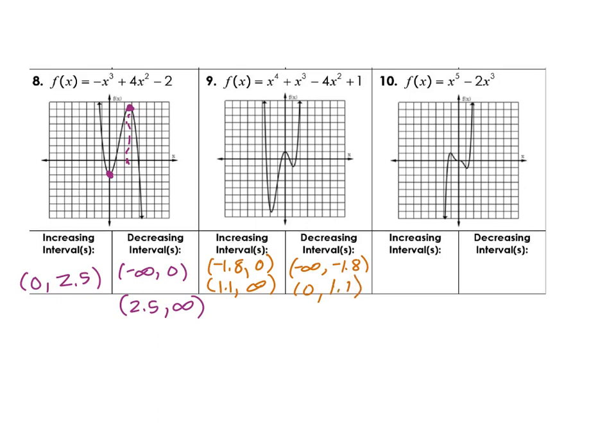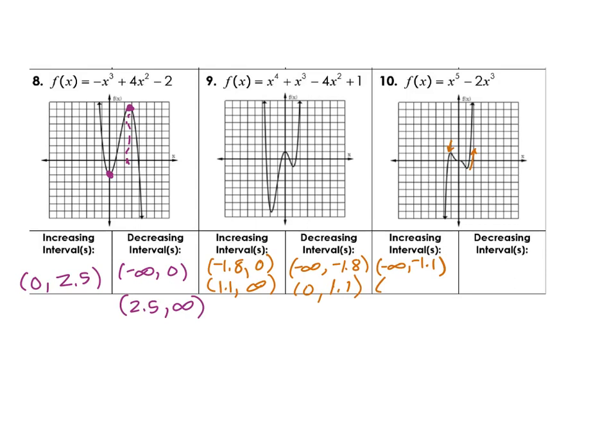Okay, and then our next problem. From negative infinity, our area of increasing is going to be from negative infinity up to maybe about this area right here, so maybe negative 1.1. And then we are also increasing on the other side, in that area.